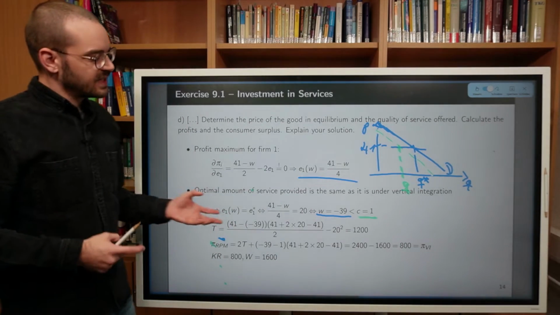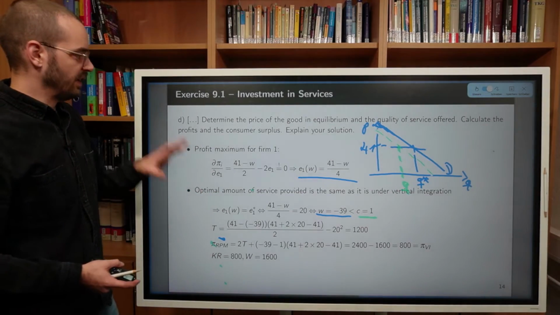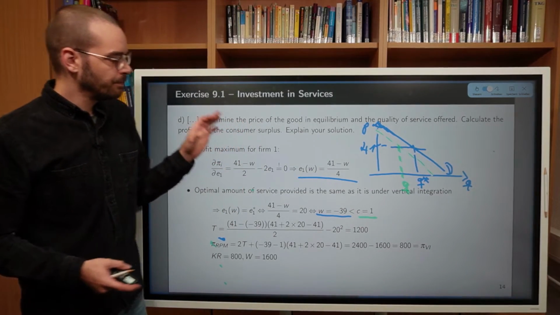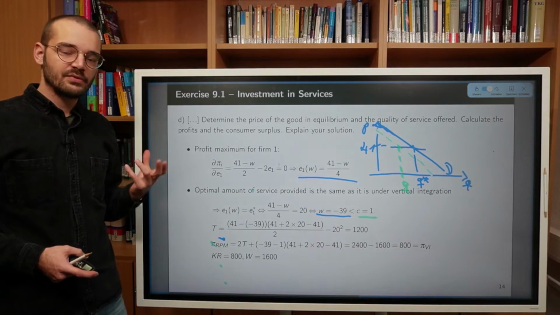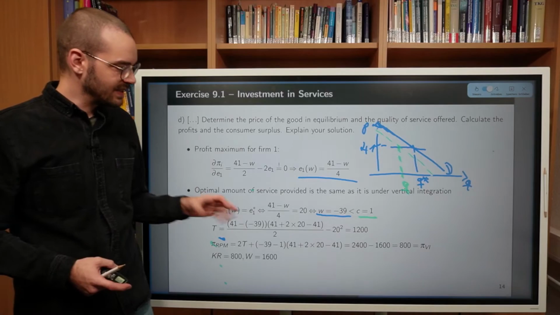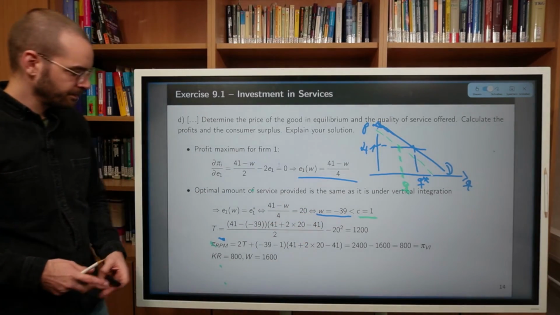Which on first sight might be counterintuitive. However, we must not forget that there's also a franchise fee in this model. And this franchise fee is exactly what helps us make sense of this result.